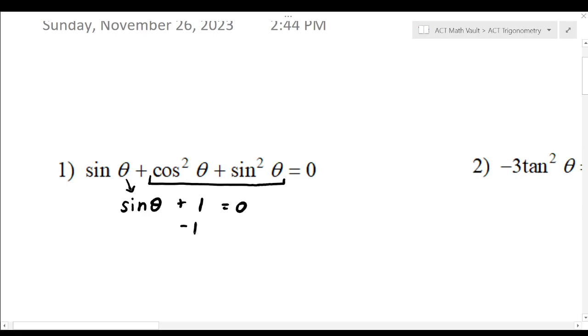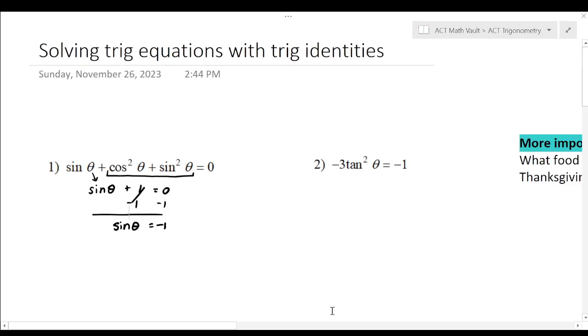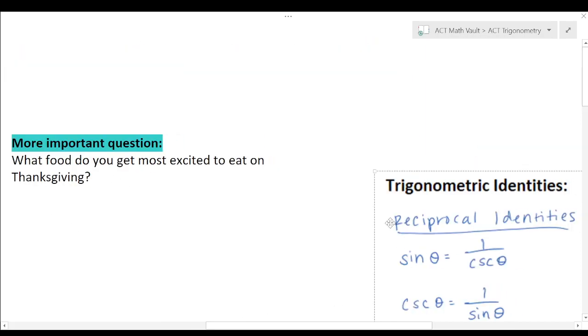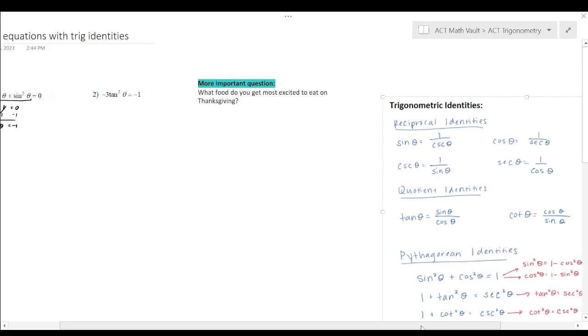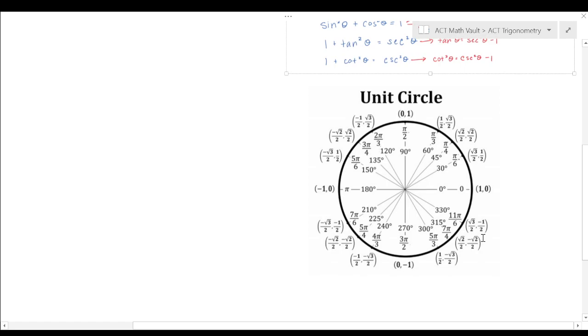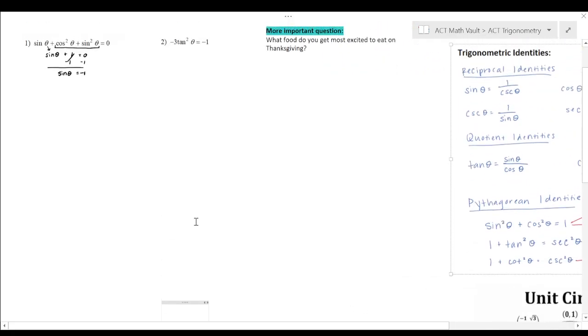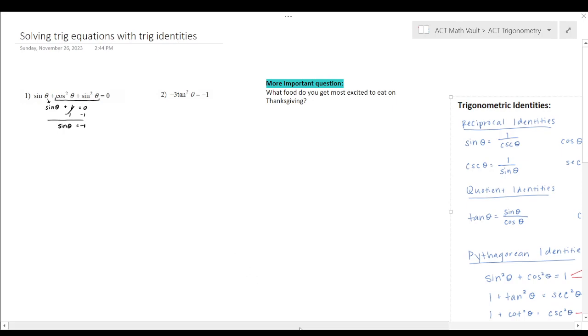From there, I'm actually solving for sine theta. So I'm going to get sine theta equals -1. And then you won't have a unit circle given to you on the test, but I want you to, in your mind, visualize where the sine is -1.